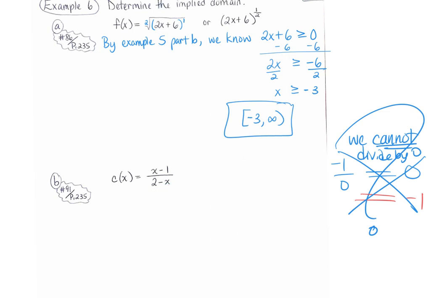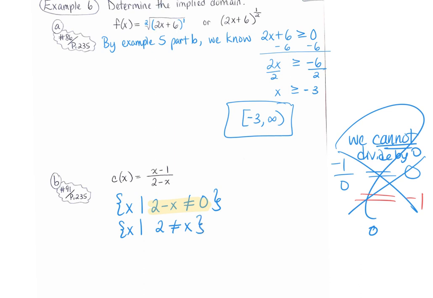So we can have the set of all x such that 2 minus x does not equal what? 0. And then we have to write this out. If we solve this portion here, that means that 2 is not equal to x, right?